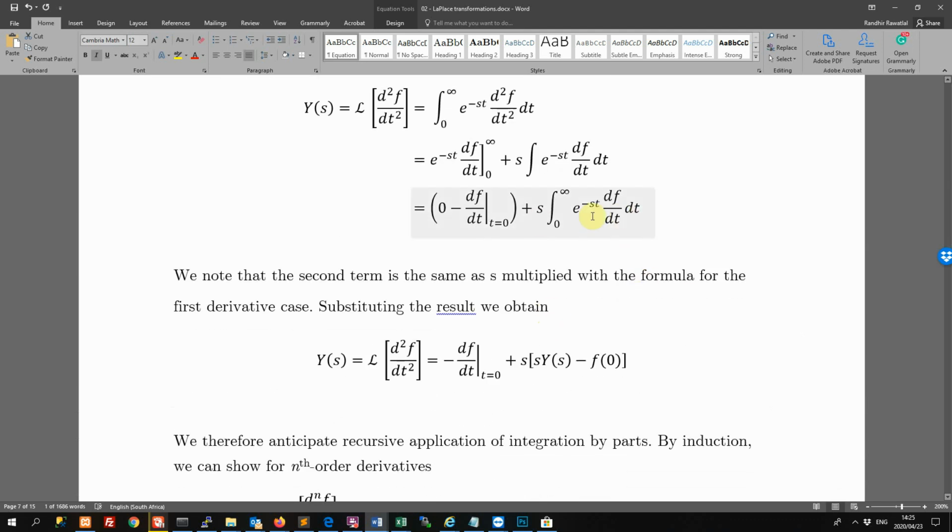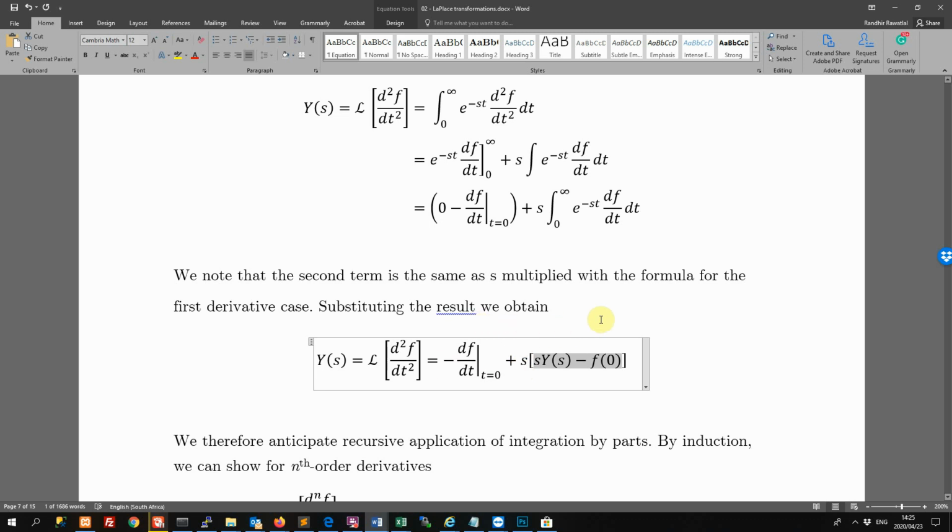So we can see that's going to appear here, and it's going to be s times all of that. And so for the second derivative, the Laplace transform of the second derivative, it's going to give us the derivative at t equals 0 plus s times the first derivative's transform. And you can see a kind of recursive pattern appearing here.